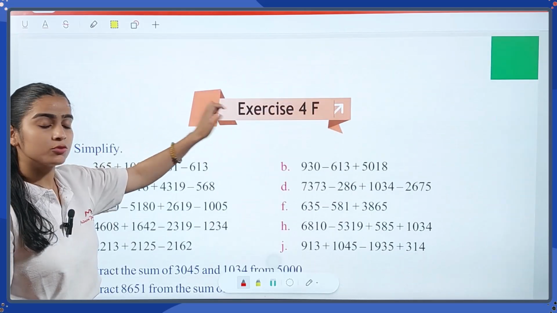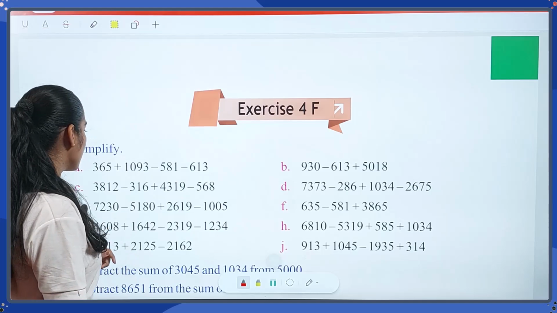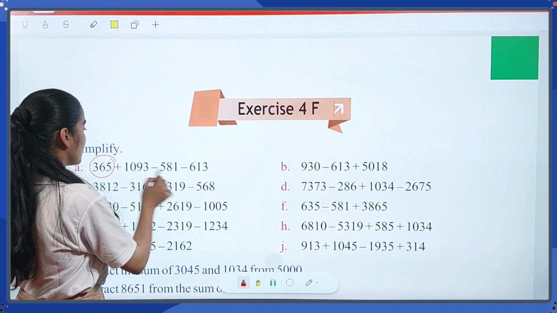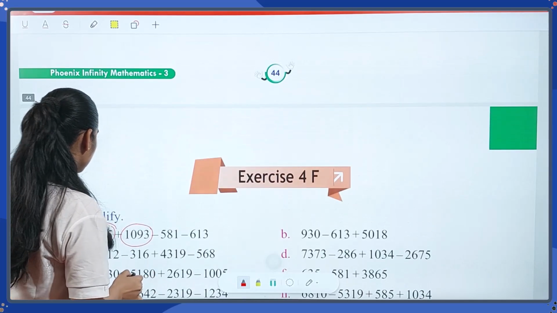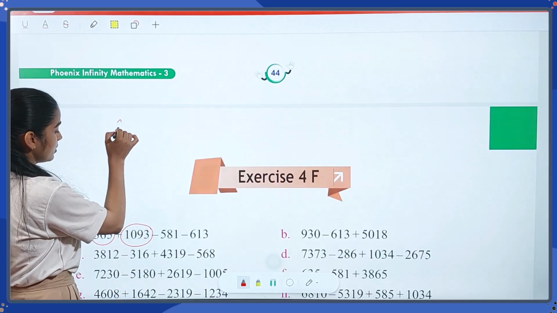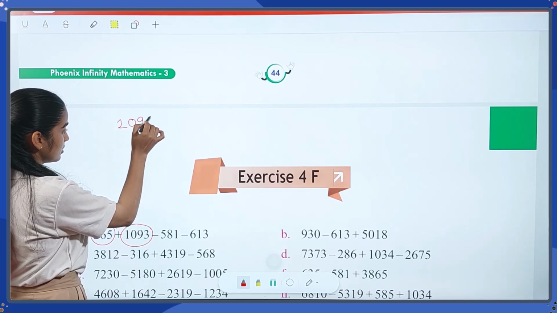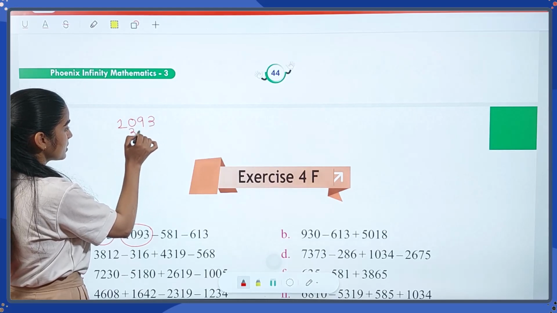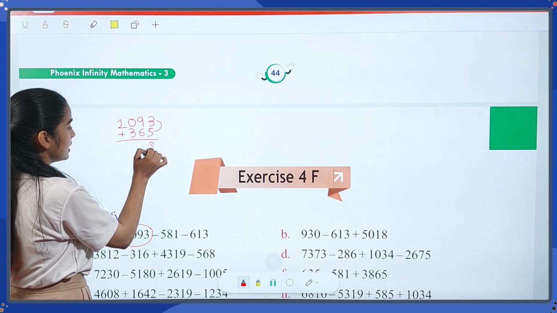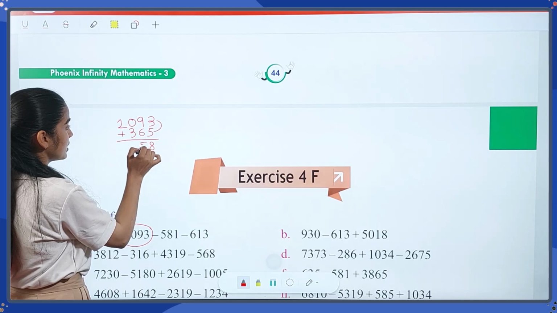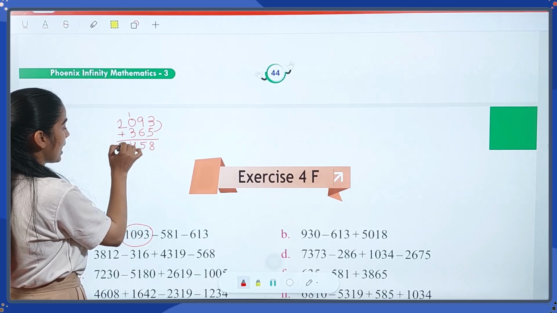So let's move to your exercise 4F. So first we have to add 365, 1900, 1093. So here we have 1093, 365. 3 plus 5, 8, 9 plus 6, 15, 1, 4 and 1.